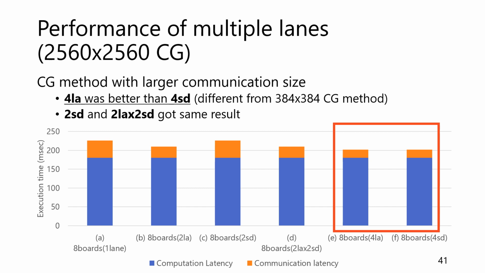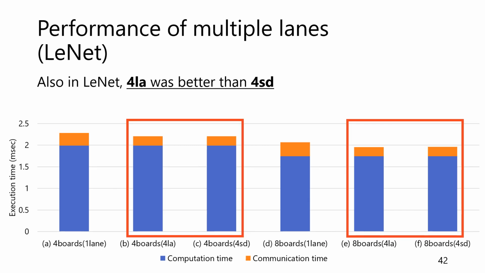This graph shows the execution time of the CG method whose matrix size is larger. In this case, 4LA was better than 4SD, which was different from the former results. This graph shows the execution time of the ReNet. Also in the ReNet, 4LA was better than 4SD.